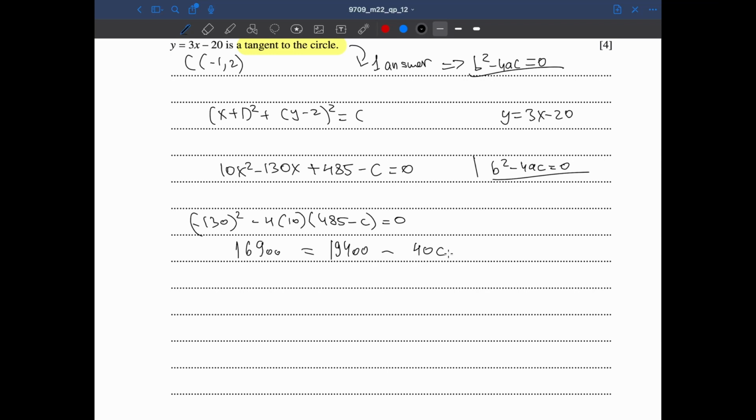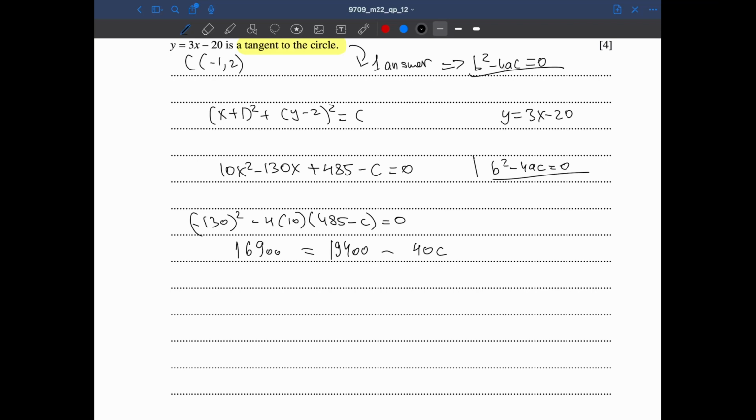Let me just see if I did everything correctly. Originally this is a minus, so we move it to the other side and we get a plus, and the other one will originally be a plus. Yeah, minus 40 multiplied by minus c is plus 40c. So that's correct.